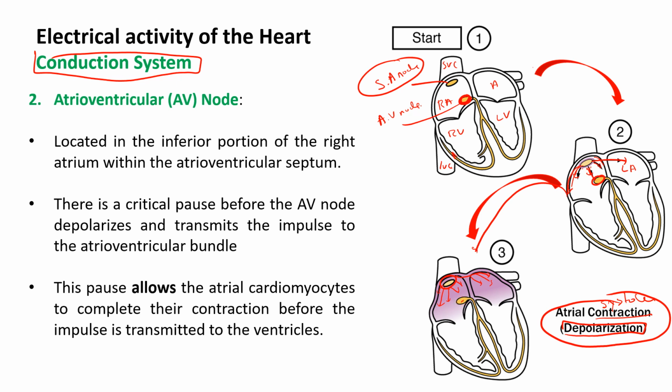So that little pause is pretty important because that pause allows the atrial cardiomyocytes, which are also known as myocardiocytes, the same thing, to contract before, and that is the key word here, before the ventricles. And now we know, hopefully you remember why this is important, that the atria contract first and then the ventricles after.